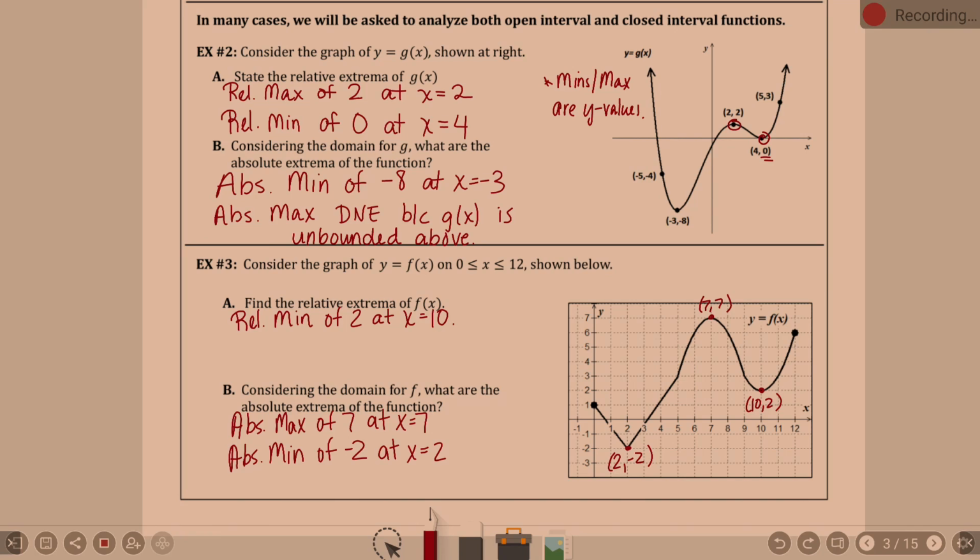Now, as I said, I have number 3 written up here, and that is the idea. These can also be considered relative.